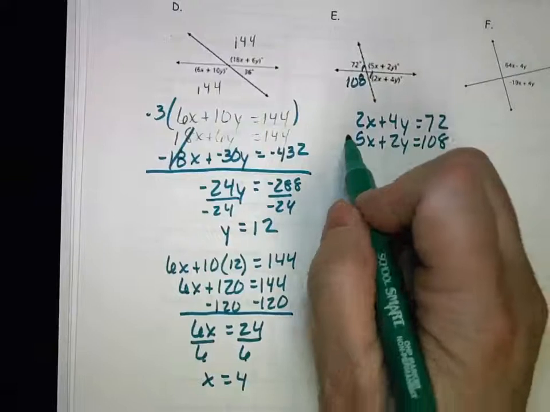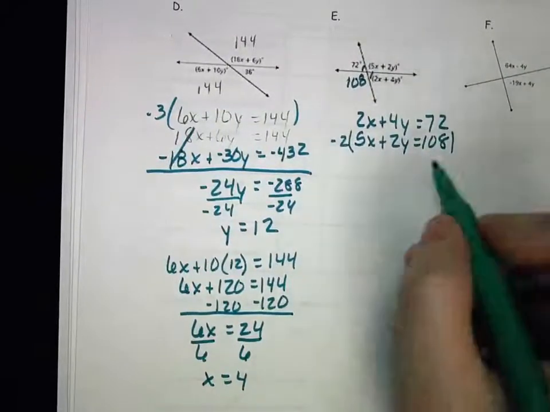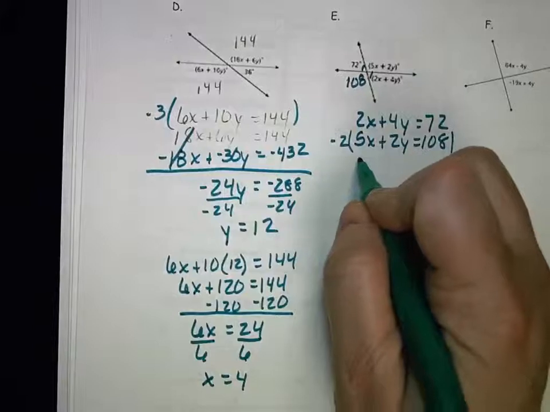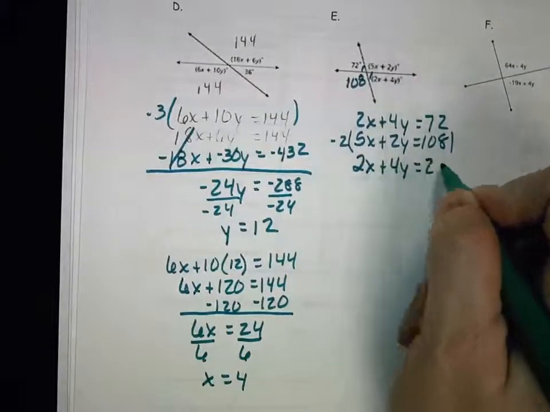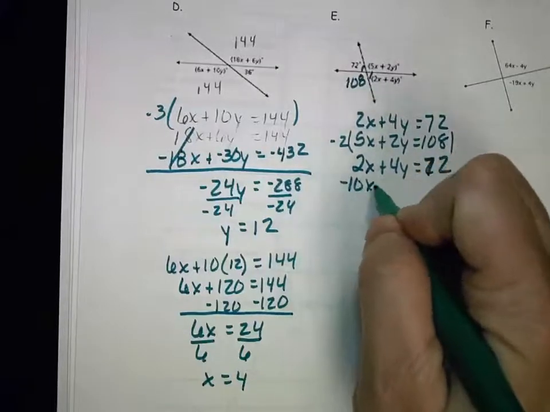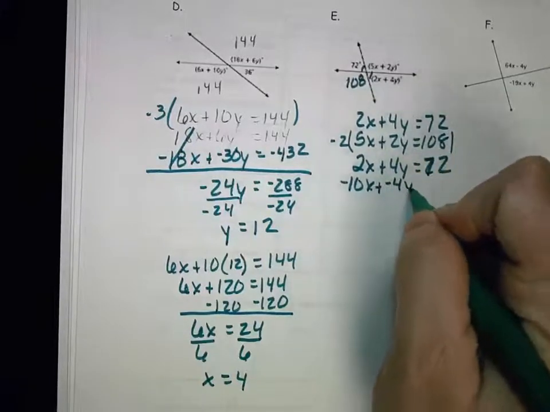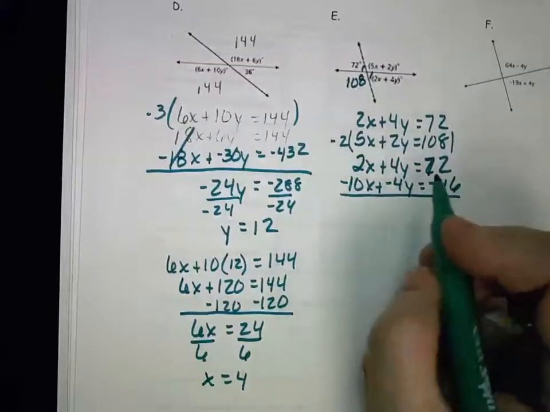And to solve this, I'm going to multiply the second equation by -2. I'm going to copy the first one down again. The second one will be -10x plus -4y equals -216.